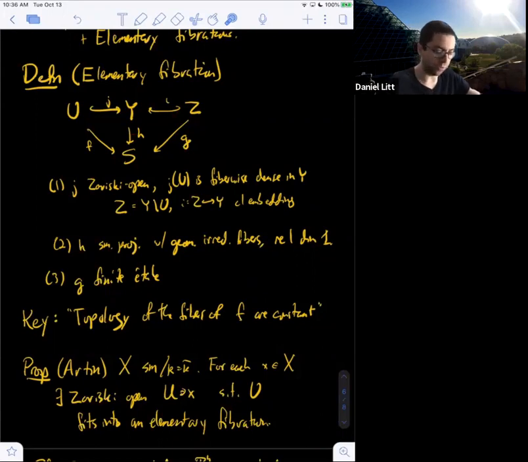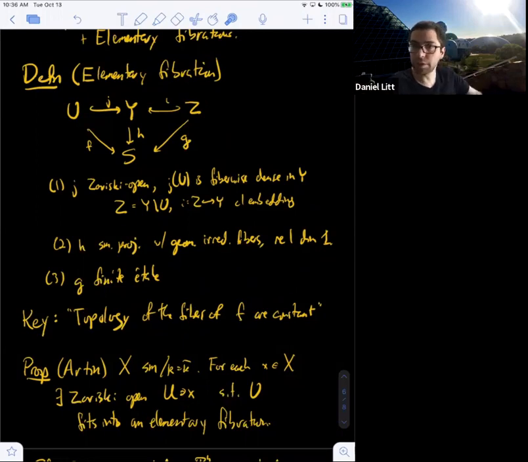The main thing you have to arrange is that when you delete those bad loci, the loci which make you not be in this situation, you keep x, so that you don't delete x. So the care is doing things generically enough that you can keep x in your open even when you delete all this bad stuff, and arguing that you actually can arrange that.